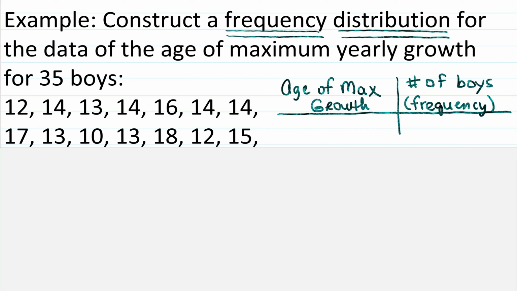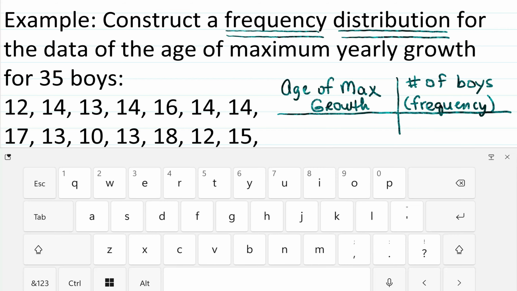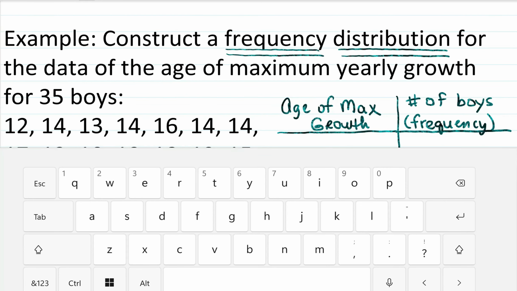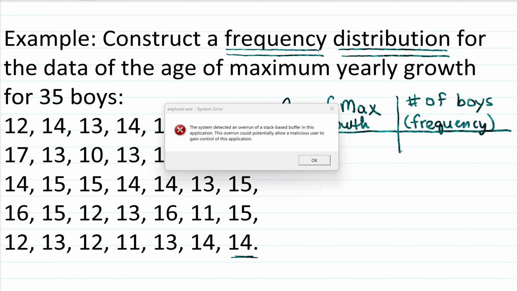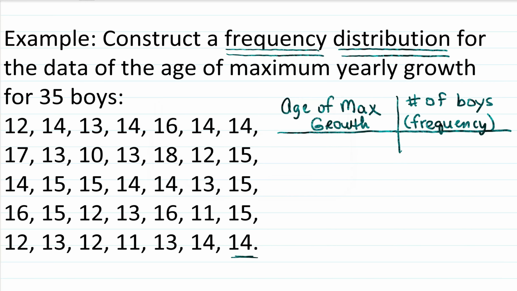Okay, so we look at it and we're looking at the age of maximum growth. So we'll put it in order. These values that are to the left, we'll put them in order. So the age of maximum growth, the youngest age I see is 10.